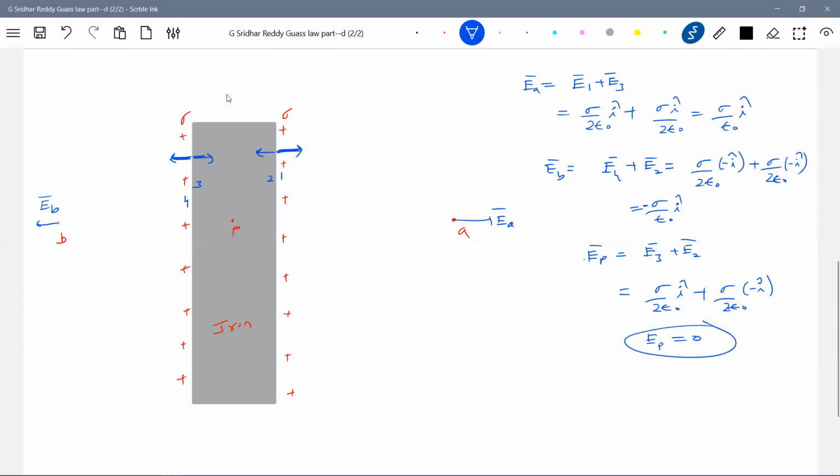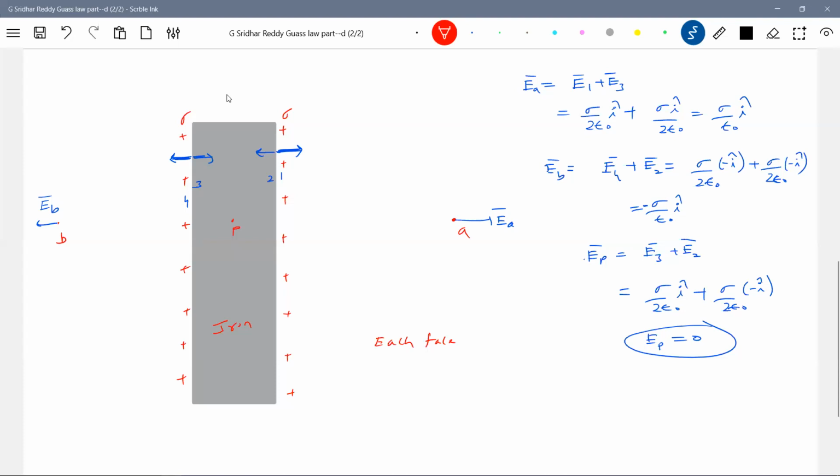This will be the correct explanation. So what is the conclusion? Whenever a conducting sheet comes, each face of a conducting charge sheet should be treated as a non-conducting sheet. This is a golden statement.